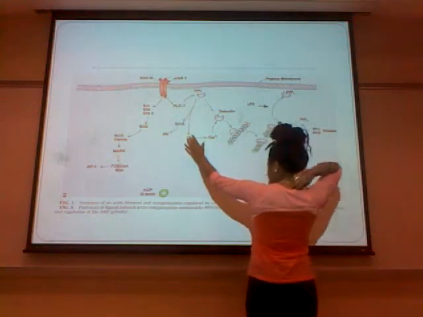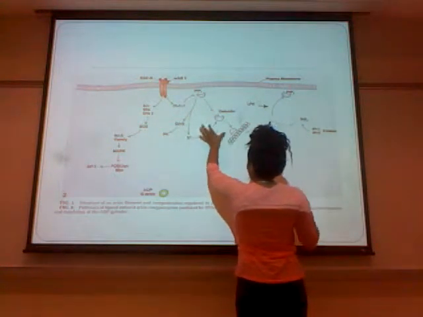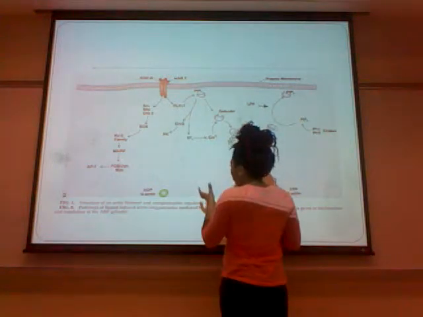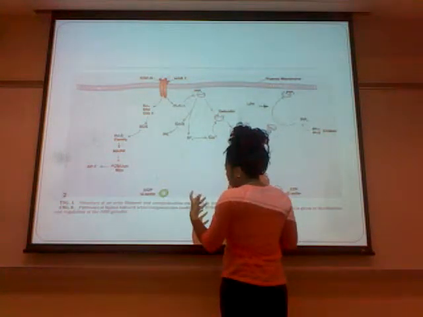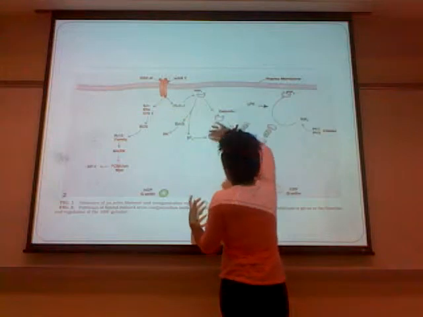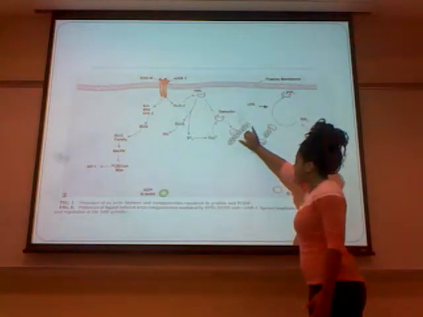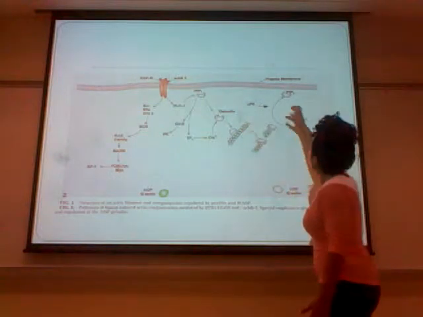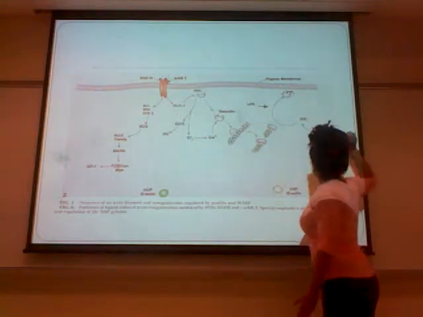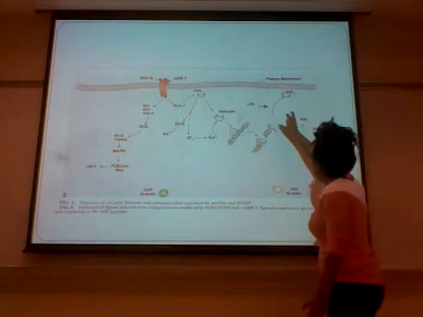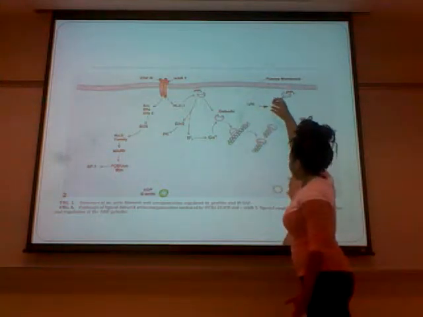IP3 is going to trigger the release of calcium, and instead, there's another pathway where calcium binds to calmodulin, but instead here, gelsolin is going to come in and bind to the actin protein. Then where PIP2 is over here, you have this type of kinase that is going to come in and activate it.